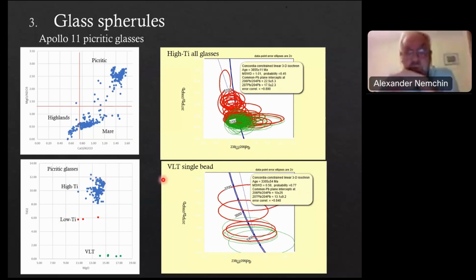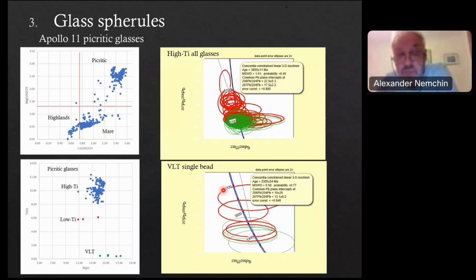We analyzed quite a lot of high titanium glasses, and again, the same approach: 3D line constraint, age 3655. Very similar to the Apollo 17 glasses we analyzed. Again, same deal. The intercept of Concordia or the intercept of the common lead plane is most likely terrestrial contamination.